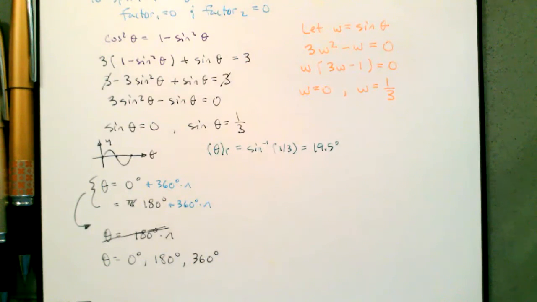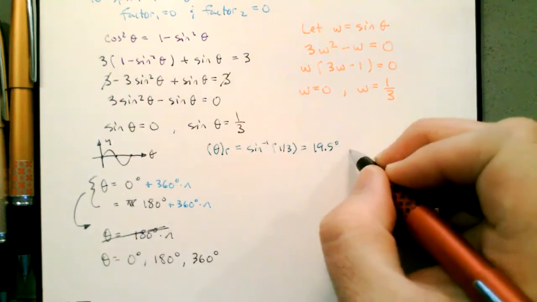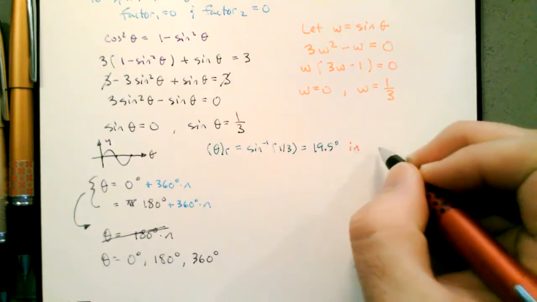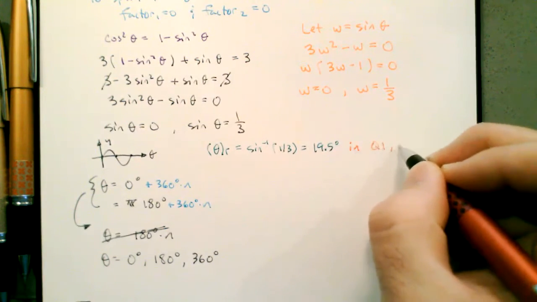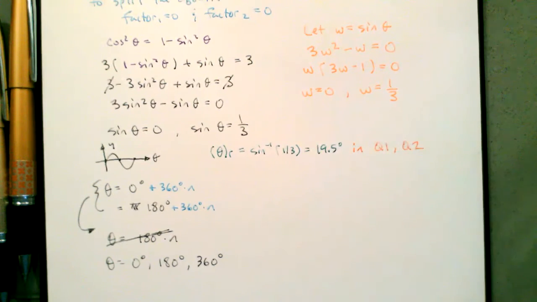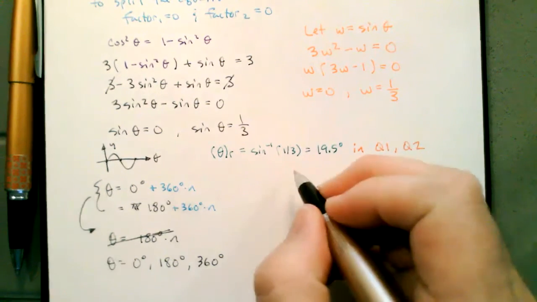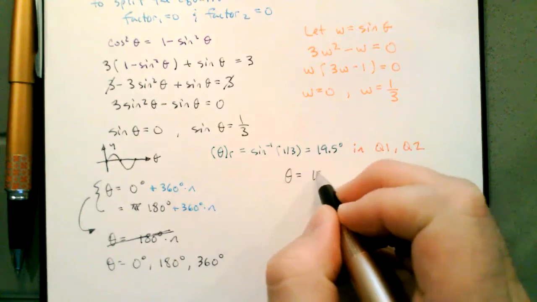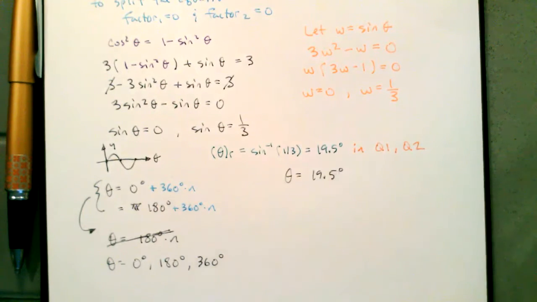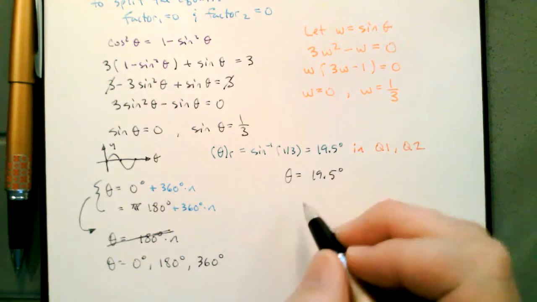The sine of the angle is positive, so we have to look at the quadrants where sine is positive, and that's quadrant 1 and quadrant 2. Sine is positive in quadrant 1 and quadrant 2. So I'm going to put a 19.5 degree reference angle in quadrant 1. And I'm going to put a 19.5 degree reference angle in quadrant 2.